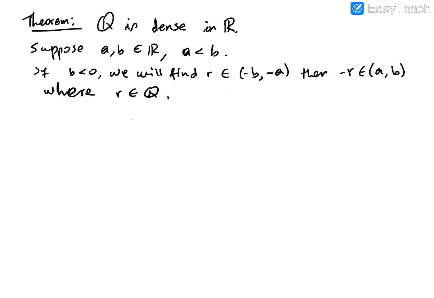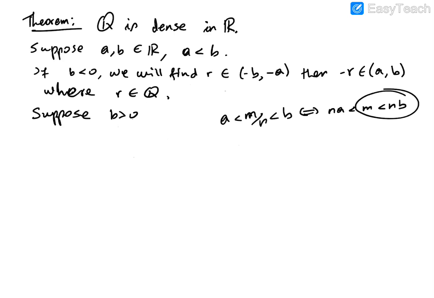So we'll find an r. So suppose now B is positive, okay? So remember what we did with, we want to get m over n less than B and greater than A, meaning that nA less than m less than nB. So we'll work with this side.